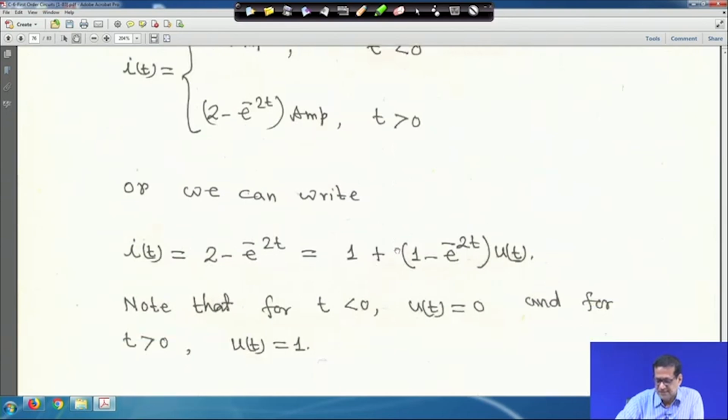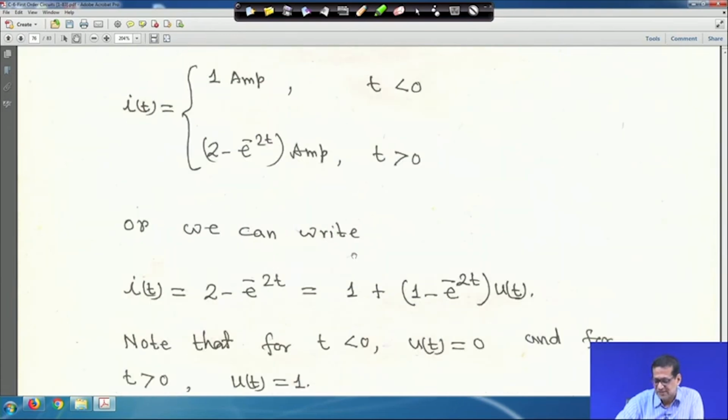Therefore, we can write I t is equal to 2 minus e to the power minus 2 t, as 1 plus 1 minus e to the power minus 2 t, times u t. So, when t is less than 0, u t is equal to 0 and it is 1 ampere, and when t is greater than 0, u t is equal to 1, so it will be 1 plus 1 minus e to the power minus 2 t, that is 2 minus e to the power minus 2 t.